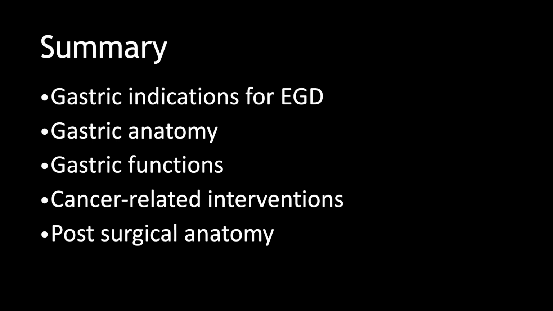We talked about some of the cancer related interventions that we can do both as an adjunct to cancer therapy, such as gastrostomy tube placement, or palliation from cancer, which includes an enteral stent placement. And then I reviewed some of the more common post surgical anatomy that you can encounter when you're seeing patients both in the cancer and non cancer setting.